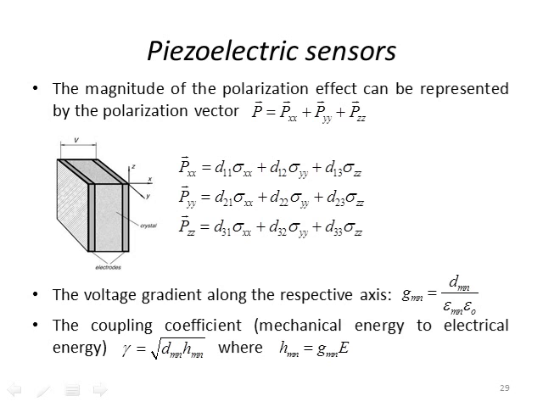Then we get a coupling coefficient. This is one of these coupled systems, mechanical energy to electrical energy. You can see gamma is the square root of d_mn multiplied by h_mn, and E is then the electric field of the system.